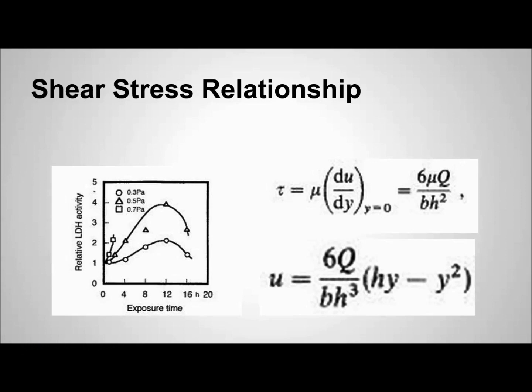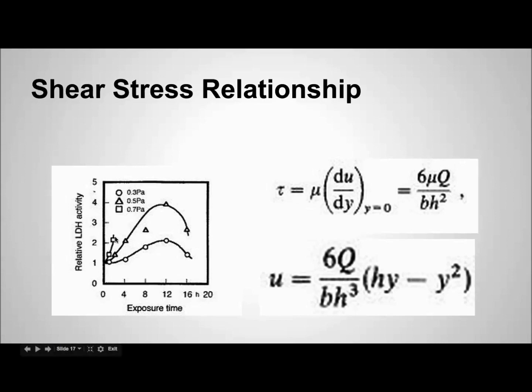Also in the realistic model, I took into account the shear stress relationship. Now it's important to note that in our case, we're not considering detachment of our cells, so we're saying all of our cells are going to stay on. And of course, this isn't completely realistic, but if you seed your cells correctly and in a dense manner, you should be able to get them to stick pretty well.